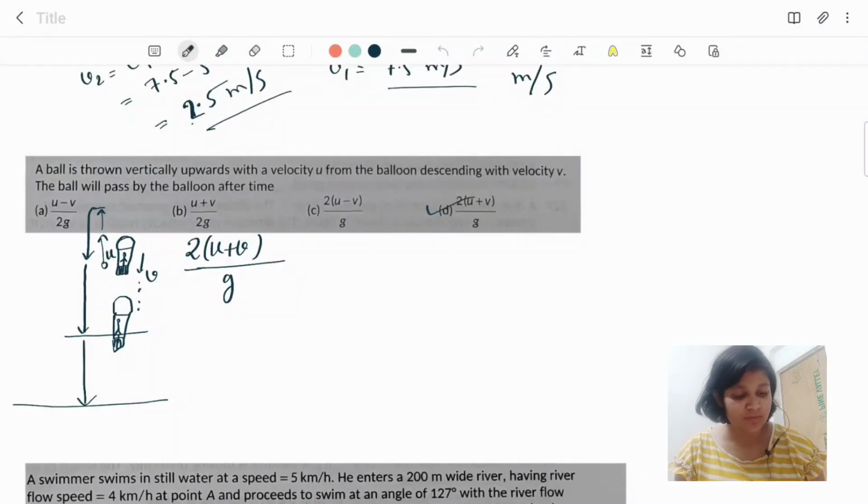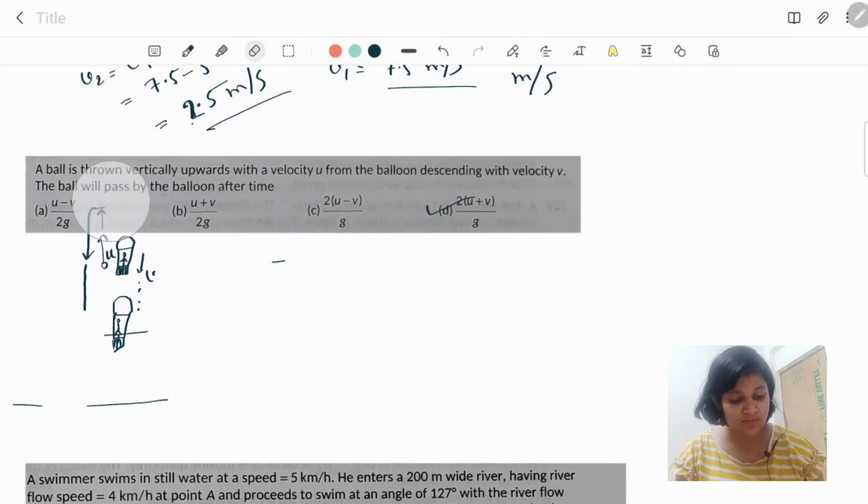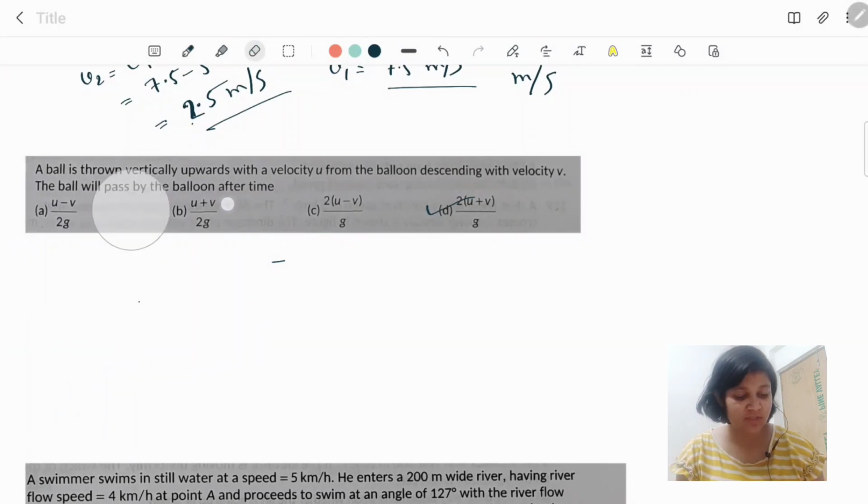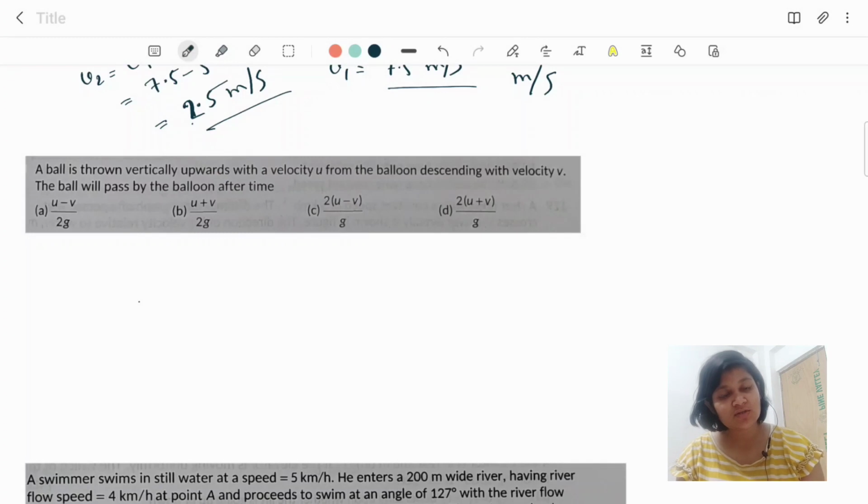Before we move on to our next problem, I am going to give you a very brief idea about vector addition and the projection of a vector, or how to find the component of a vector along a particular direction. There are two laws of vector addition.